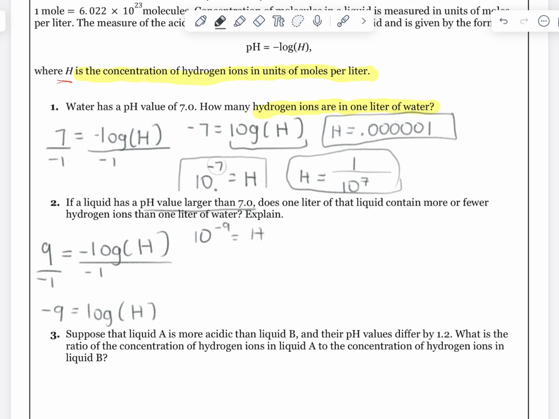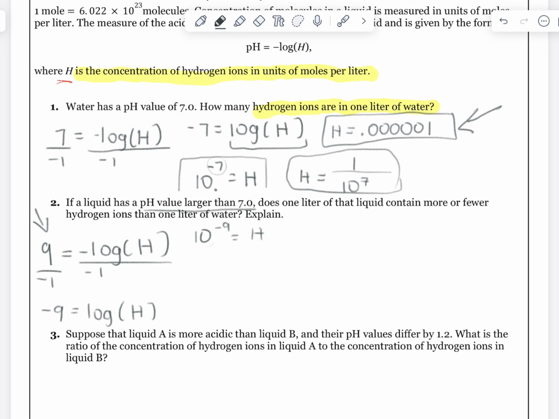Okay, so in this, I just randomly chose a pH that is bigger than 7. I chose 9. I could have chosen 10, 12, or 8. It doesn't matter. We're just testing it out and seeing what happens. And what happened was that I ended up with a number that is way smaller than a liquid that has a pH of 7, right? What does that mean?